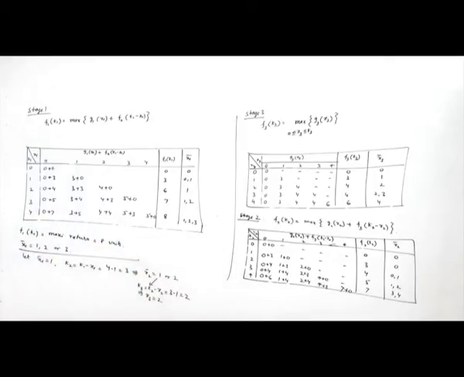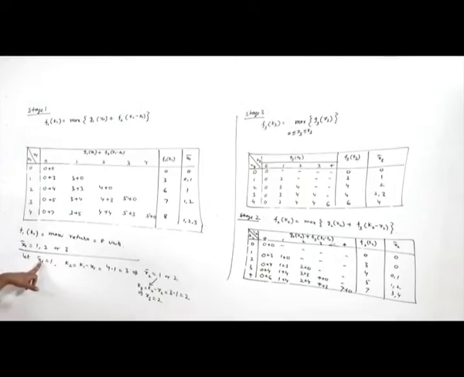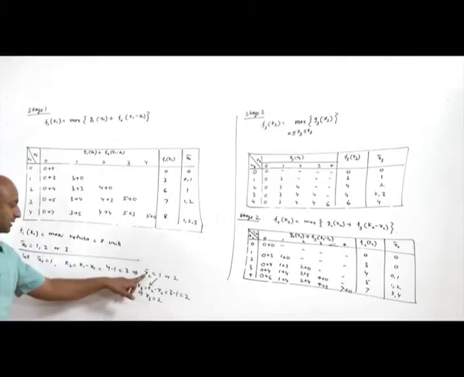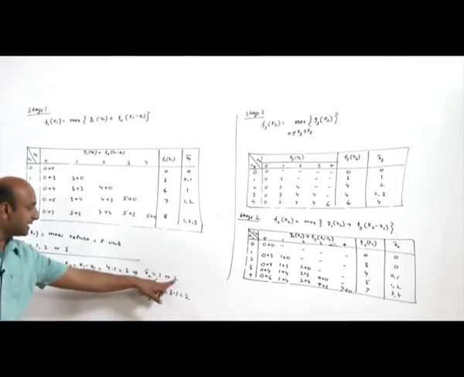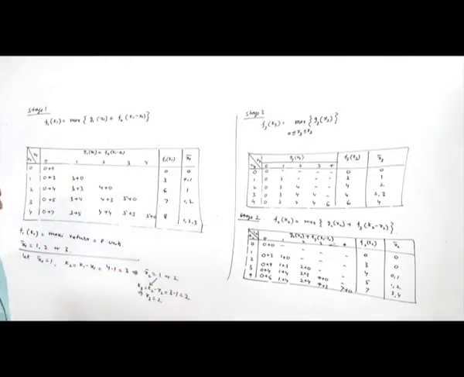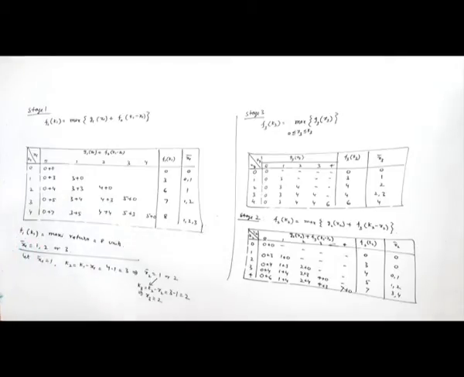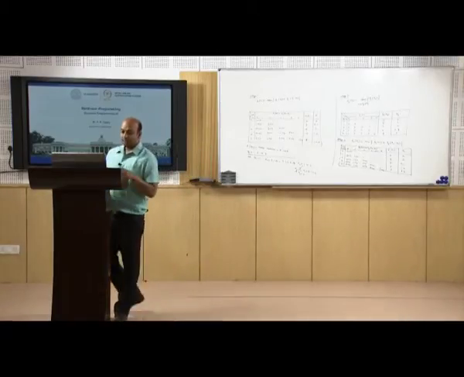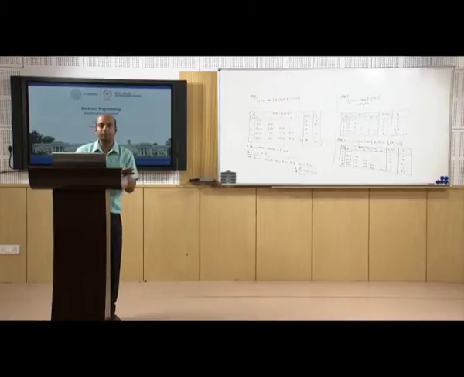Okay, this is the one solution. x1 is for plant B, x2 is for plant A, and x3 is for plant C. Similarly, we can find for x2 equal to 2 also, and similarly we can find when x1 is 2 or 3. Okay. So this is how we can find out the optimal solutions of such type of problems.